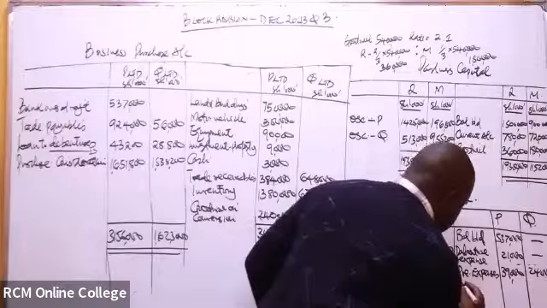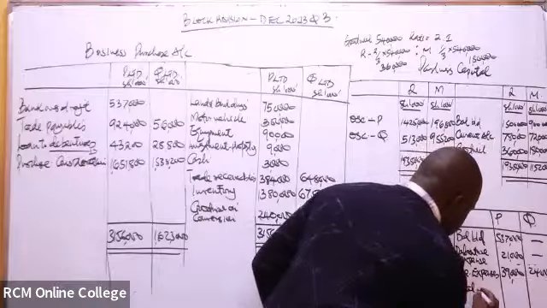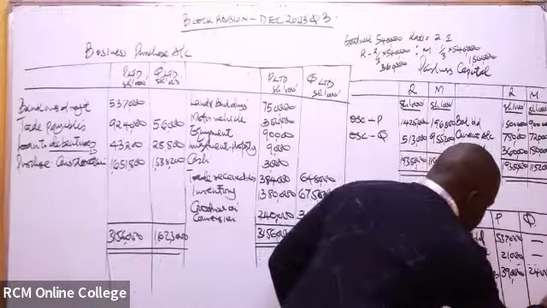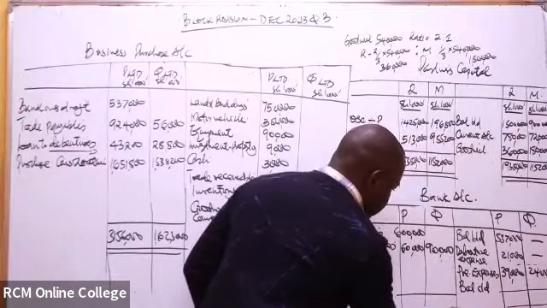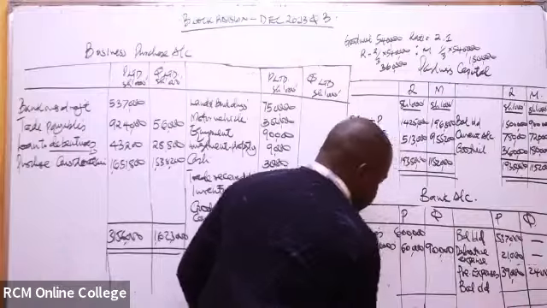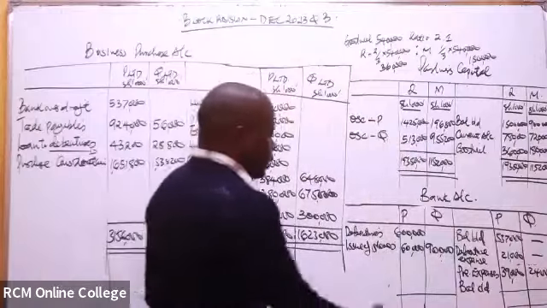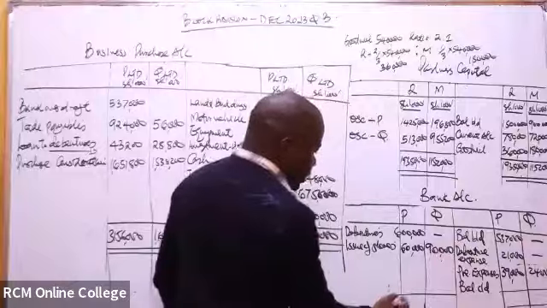So you have balance carried down. You can get the balance carried down for the bank. This one is 660,000.